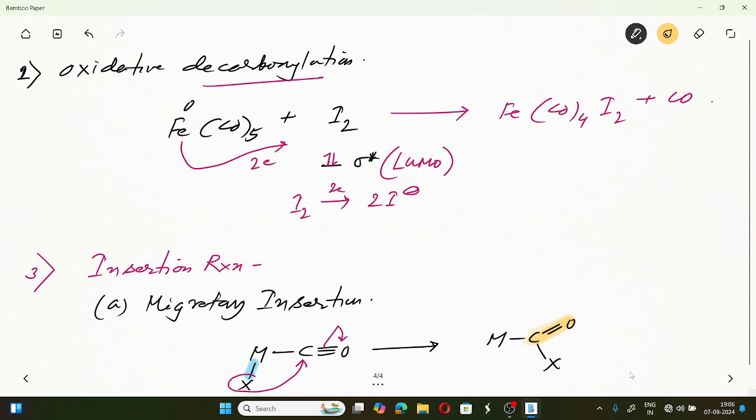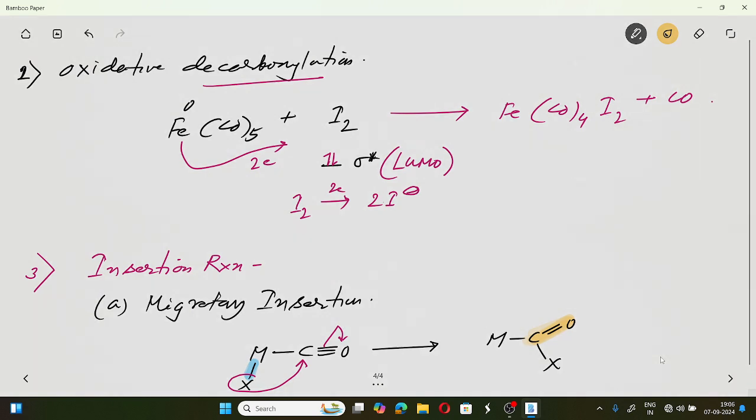And how? By migration of X. X has migrated from here to here. So by migration of X, the CO group is practically inserted between M and X. That is why it is an example of migratory insertion.